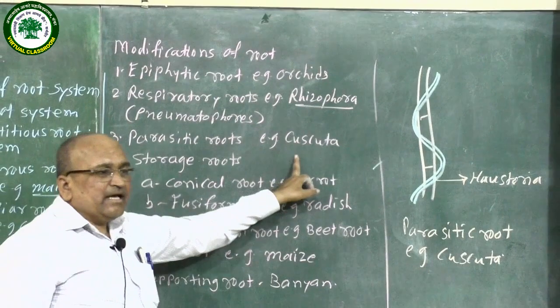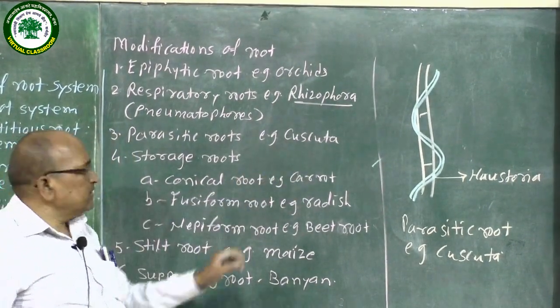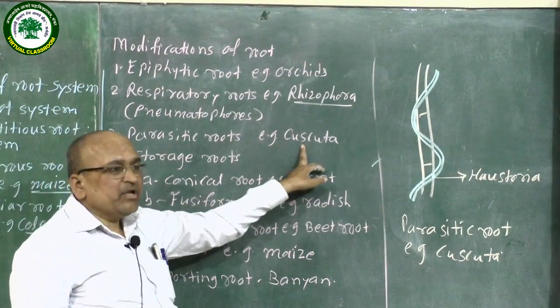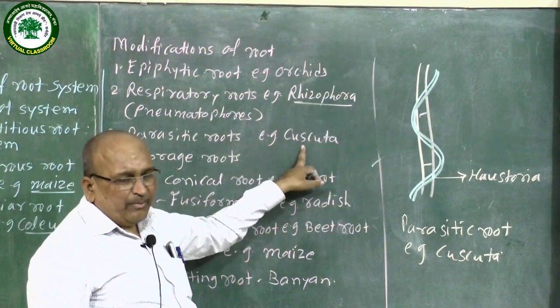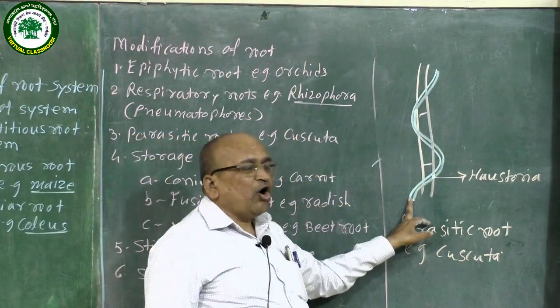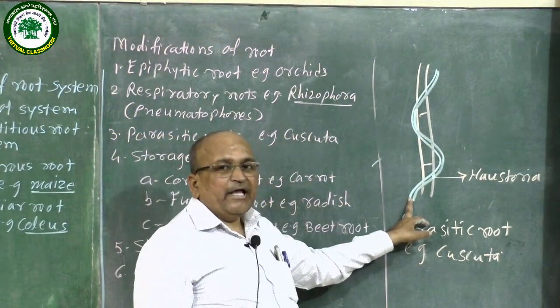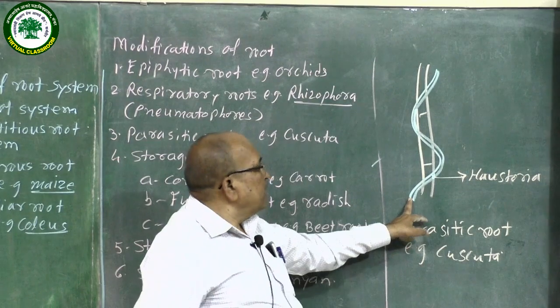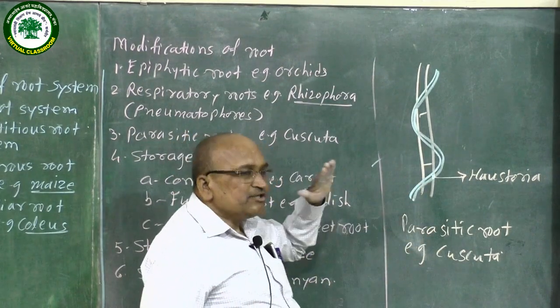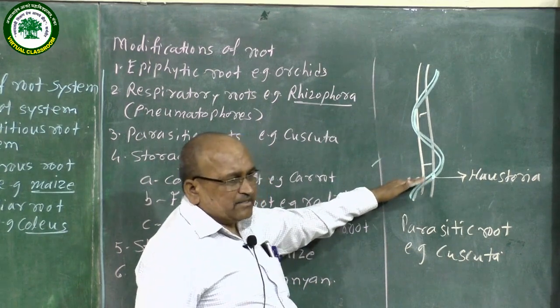This Cuscuta, or Amarvel as we call it, lacks chlorophyll pigments. This Cuscuta grows on the living plant body or the host body. It grows on herbaceous plants, shrub plants or tree plants.